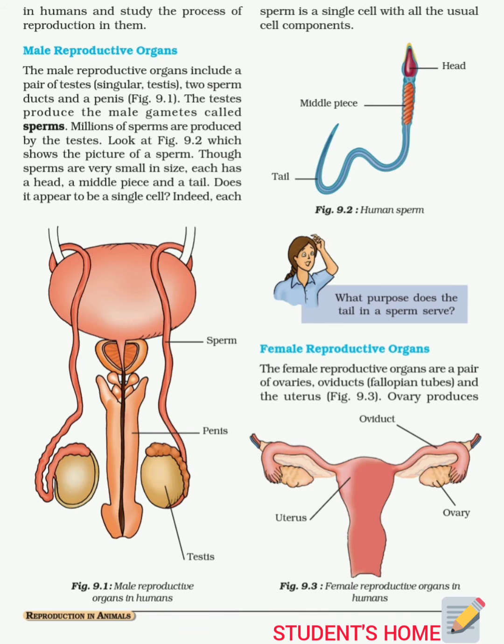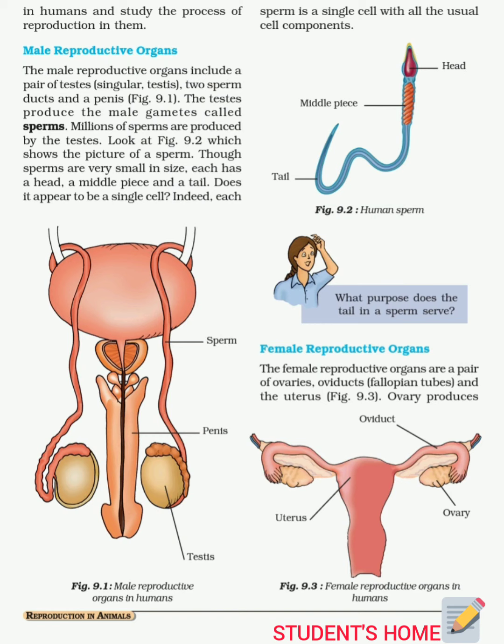Now class, we will be discussing the major reproductive organs of male and female. So the first topic is male reproductive organs. The male reproductive organs include a pair of testes, which is singularly known as testis, two sperm ducts, and a penis. The testis produces the male gametes called sperms.